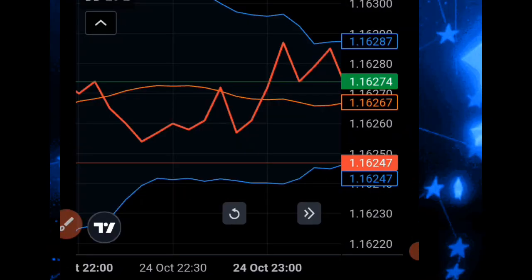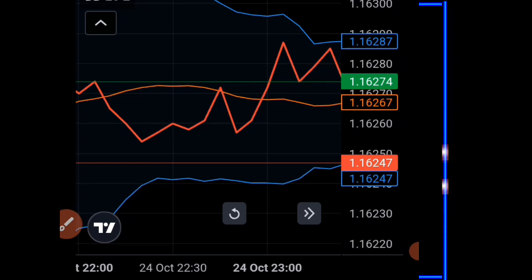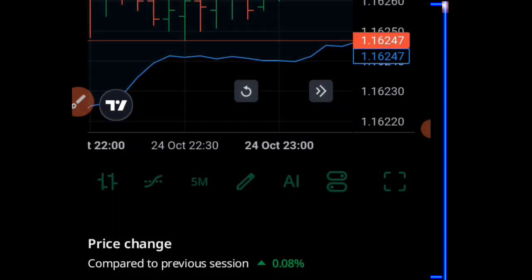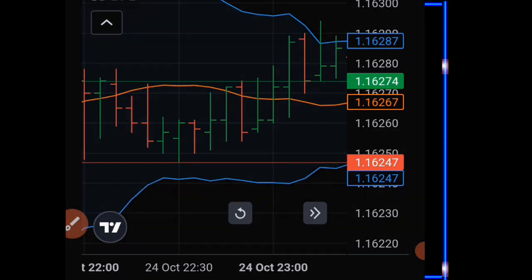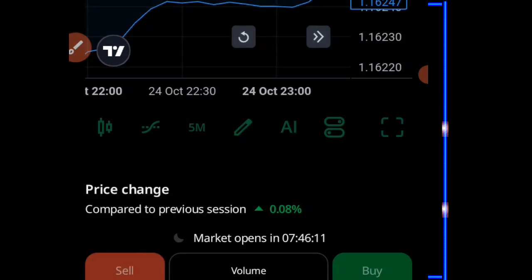And if we also want our charts to show bars, we can come here and click on bars. Those are the bars this platform is showing us. And if we want our chart to show candles, we can come here, then click on these candles, and it is showing some candles.